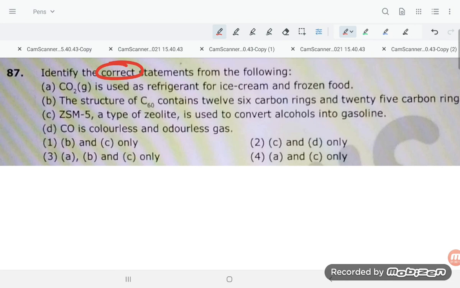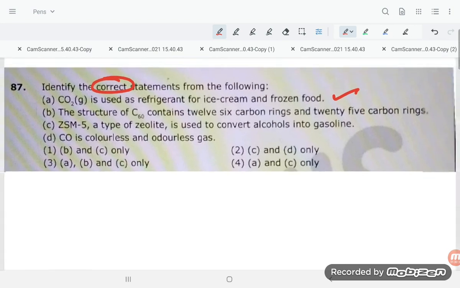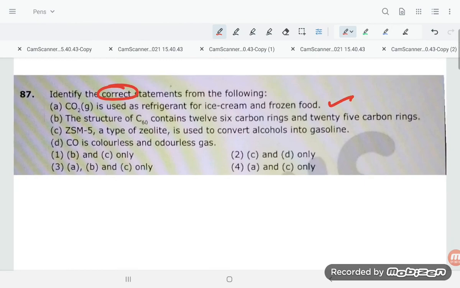Next one they are saying, the structure of C60 contains 12 six-carbon rings and 25 five-carbon rings.